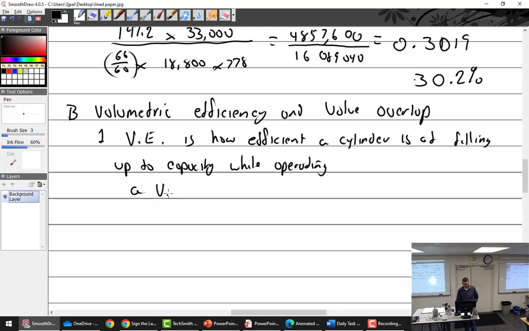So the volumetric efficiency of a normally aspirated engine, which means what? Swallowing your own vomit? No. Sorry. Normally aspirated means it's not forced. It's not turbocharged or supercharged.